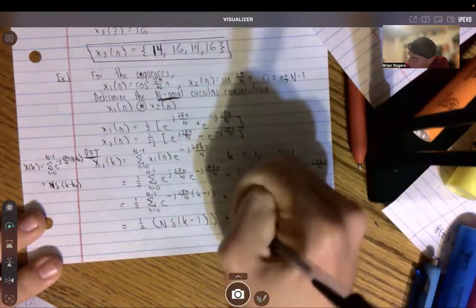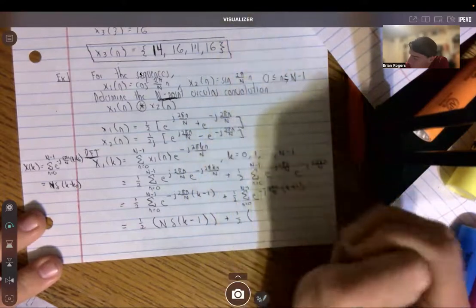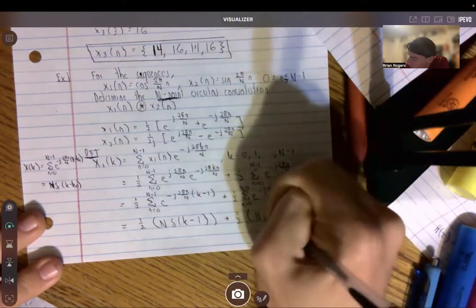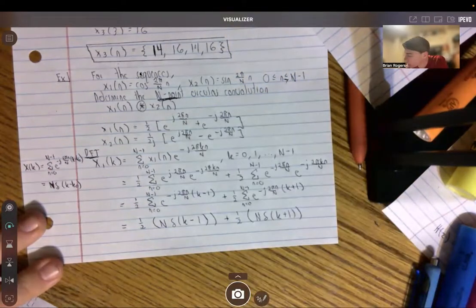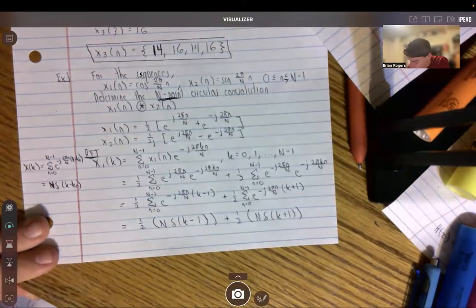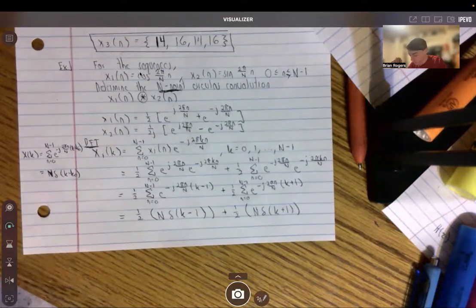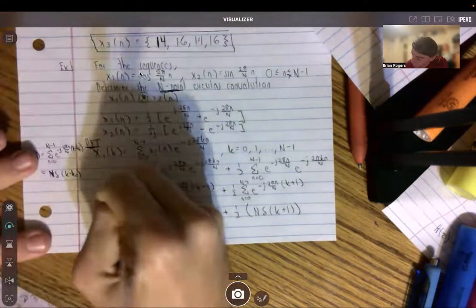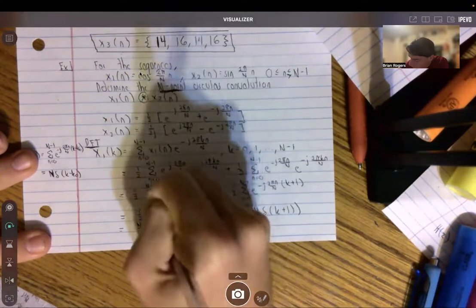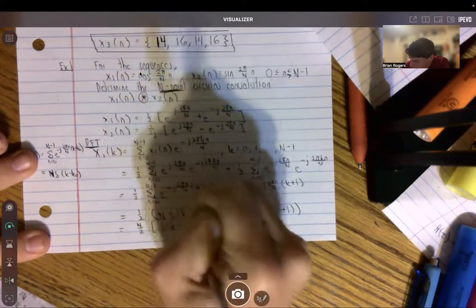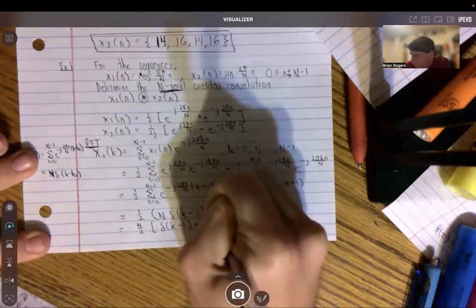And then here it's going to be 1/2 N delta of k plus 1. Okay. Now we're going to combine the two to get the simplified result, which is N over 2, times delta of k minus 1 plus delta of k plus 1.